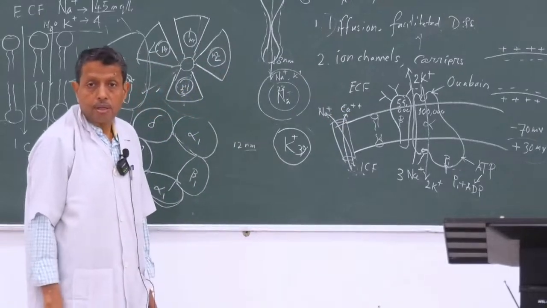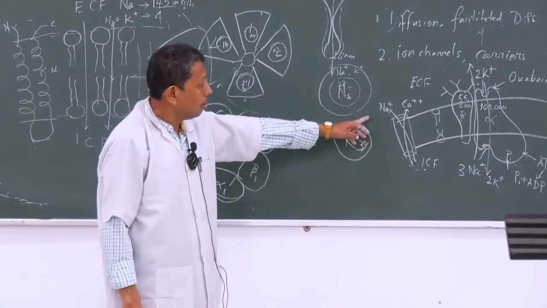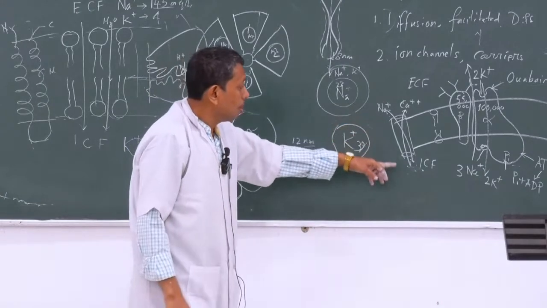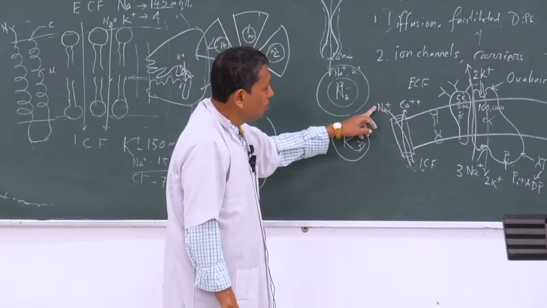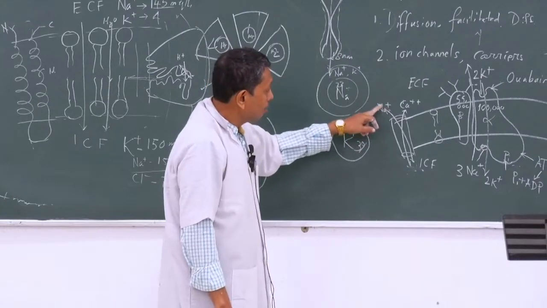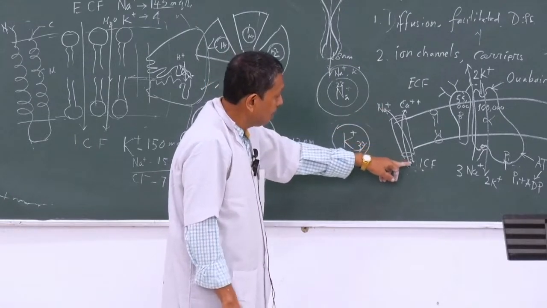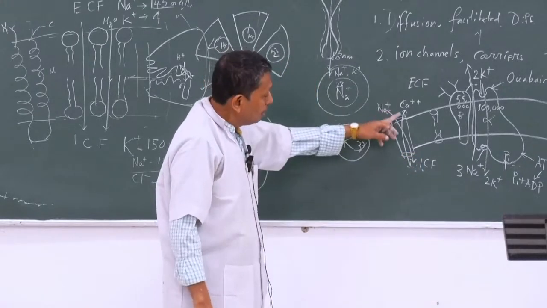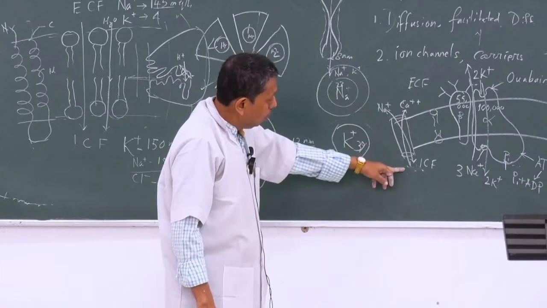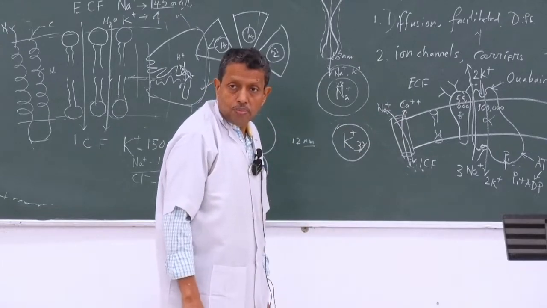Normally sodium ion will be pushed to the outside, and sodium will enter inside in exchange for calcium. In spite of this, calcium ion concentration is low in the cytosol.